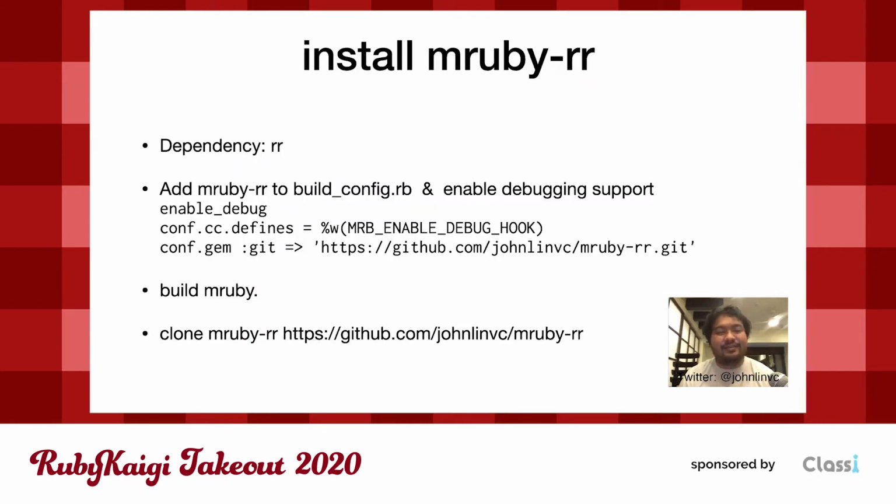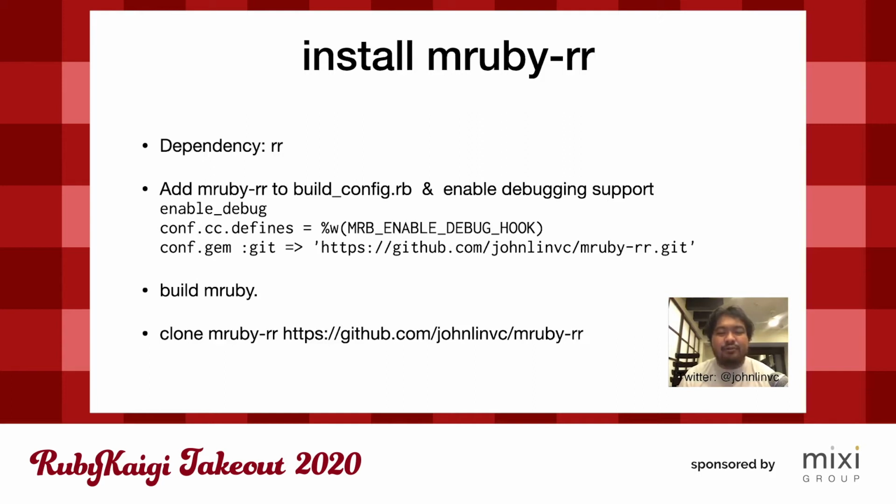So how do we get the time machine? First, you have to install mruby-rr. So you have a hard dependency, RR. We'll talk about it later. The first step you'll need is to add mruby-rr to your build config of mruby, and then enable debugging support. So you first add enable debug, and then enable the debug hook by adding MRB_ENABLE_DEBUG_HOOK to cc.defines.